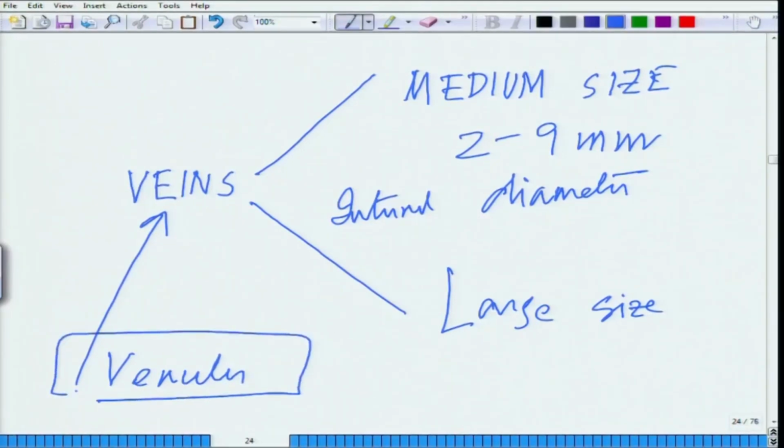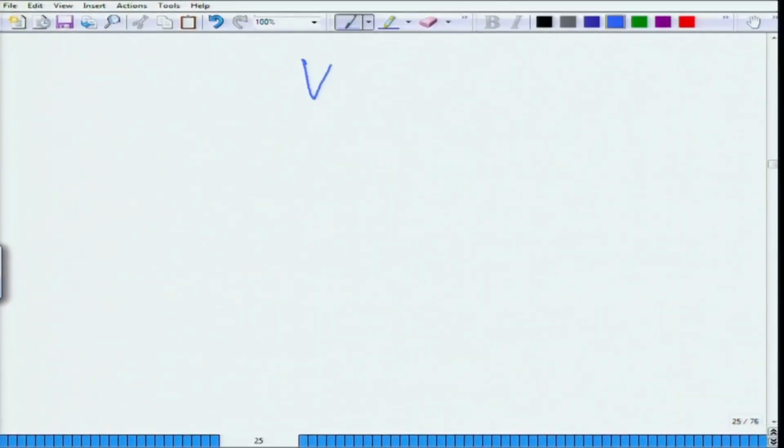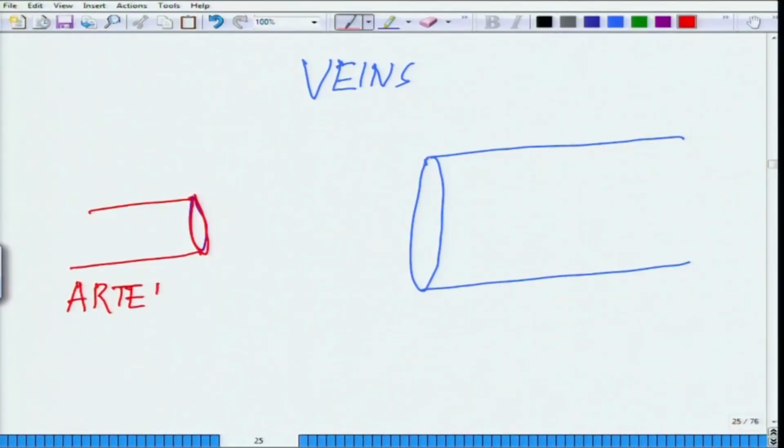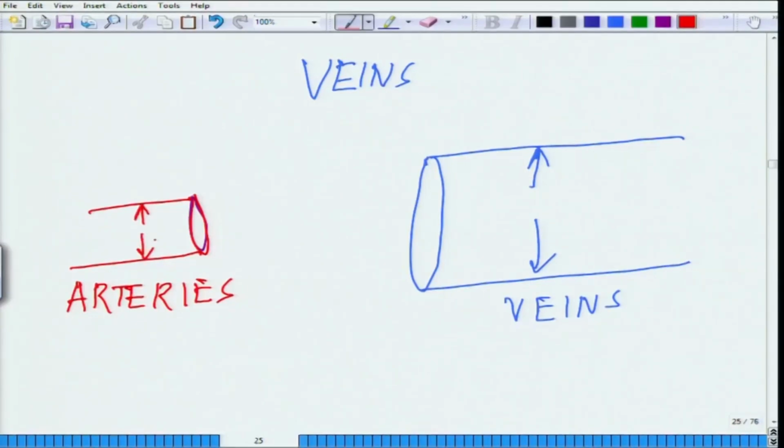Okay. Now, there is one interesting aspect of these veins. By this time it is clear to you that with respect to the arteries, if these are the arteries and these are the veins, visually if you look at it, the veins have a much higher cross sectional area, as I was showing in the first slide.